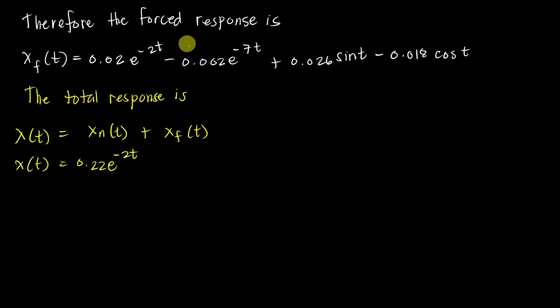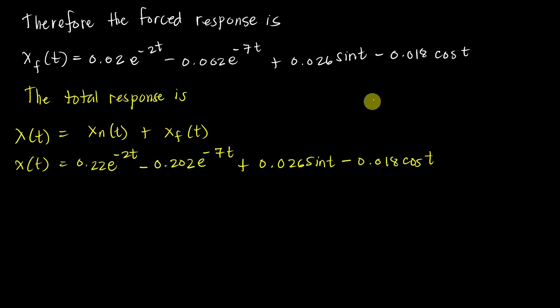Then for this, negative 1/5 earlier, 0.2, and 0.002, becomes minus 0.202 e raised to negative 7t. Where does it come from? The negative 1/5 from earlier, I added to this negative 0.002. This is the answer. Then, plus 0.026 sin t minus 0.018 cosine t. So, this is now the complete response.